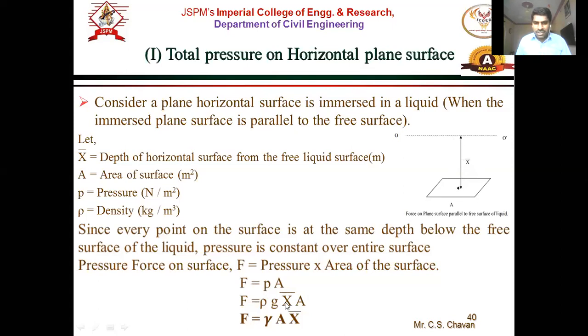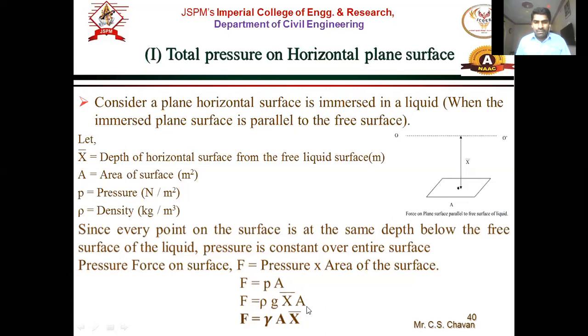So instead of h, now we have replaced it with x bar. So rho g x bar into area is now the equation for the force, the pressure force or the total pressure over this horizontal plane surface, or you can write instead of rho into g the unit weight gamma. So gamma A x bar.